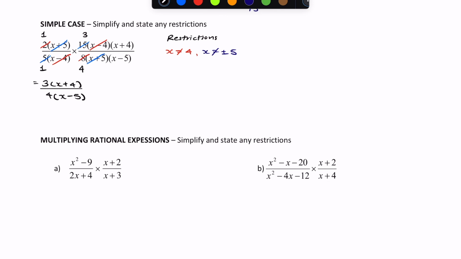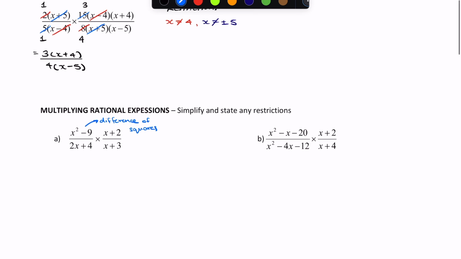Okay, so let's look at a little bit more complex rational expressions here where we're going to multiply. And it says, again, simplify and state any restrictions. So here we see that x squared minus 9 is going to be a difference of squares. And so the first step we want to do here is, again, factor anything that we can from the numerator and denominator.